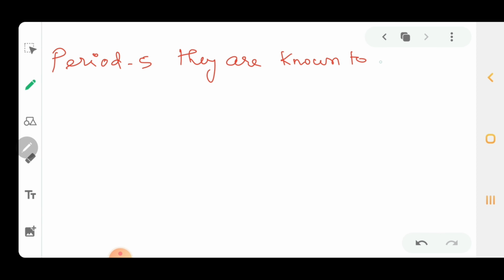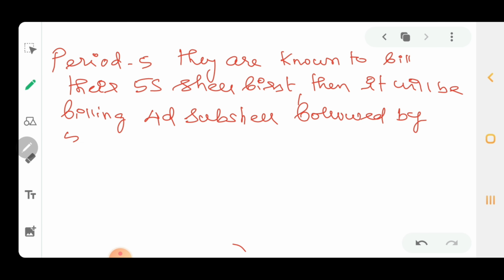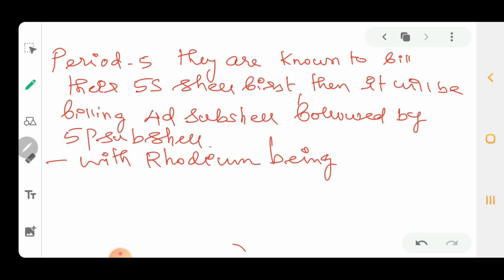So if you see period number 5, they are known to fill their 5s shell first, then it will be filling the 4d subshell, followed by the 5p subshell, with rhodium being the exception. That means rhodium does not follow this trend.